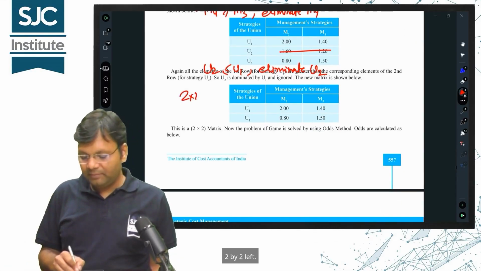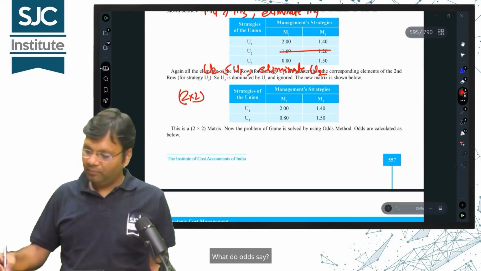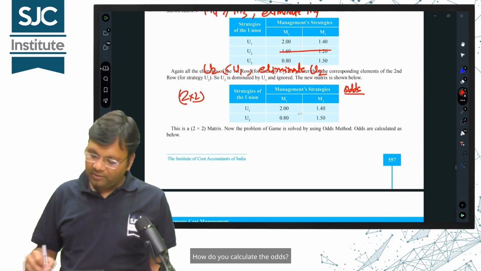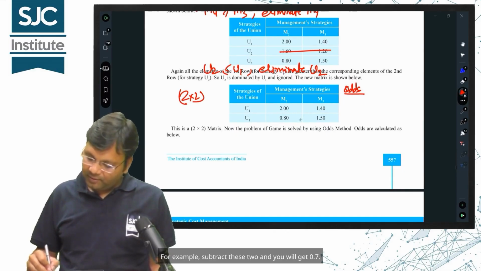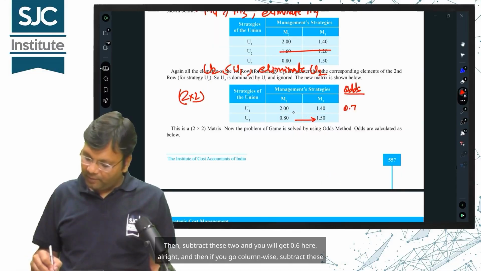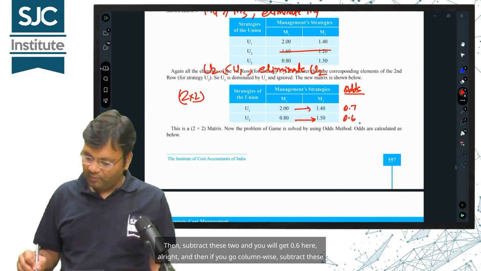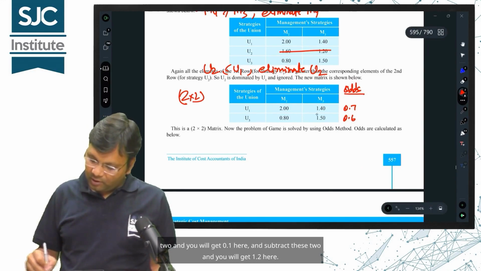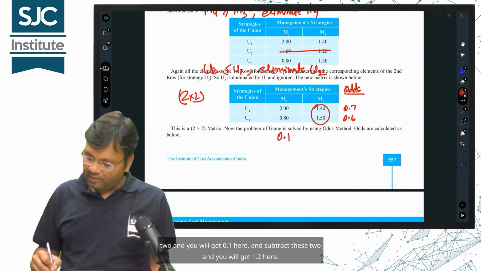2 by 2 left. You can apply the odds. What do odds say? Work out the odds. How do you calculate the odds? For example, subtract these two and you will get 0.7. Then subtract these two and you will get 0.6 here. Alright, and then if you go column wise, subtract these two and you will get 0.1 here, and subtract these two and you will get 1.2 here.